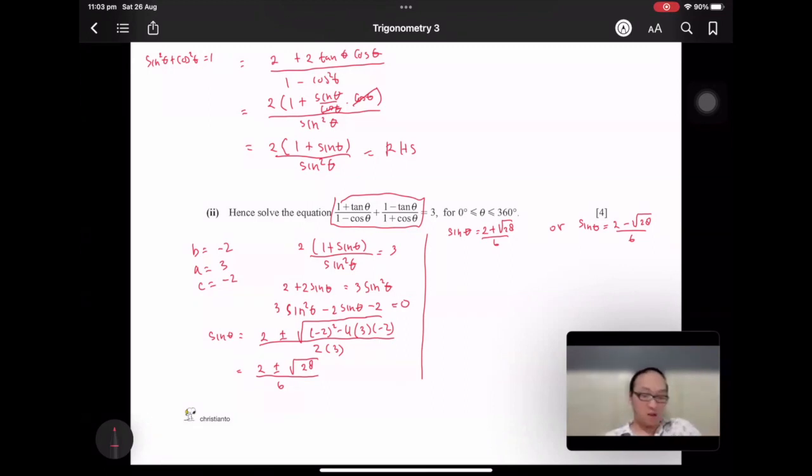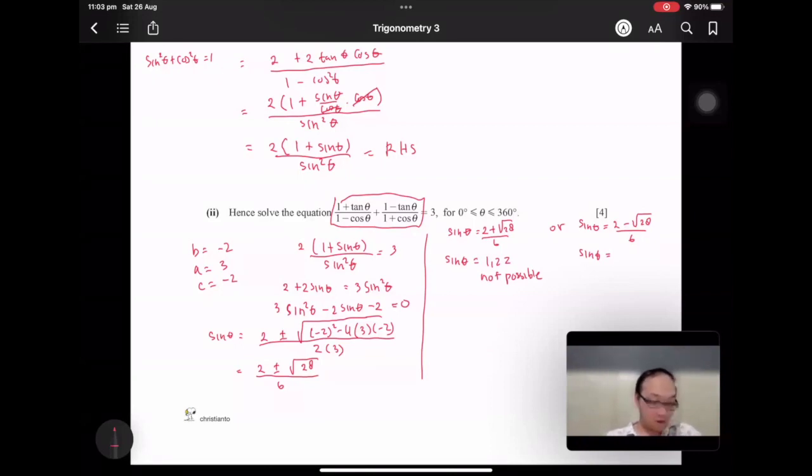We try to find the values. 2 plus root of 28 divided by 6. So this is sine theta equals 1.22, which is greater than 1. So this is not possible. And for this one, sine theta equals 2 minus root of 28 divided by 6.